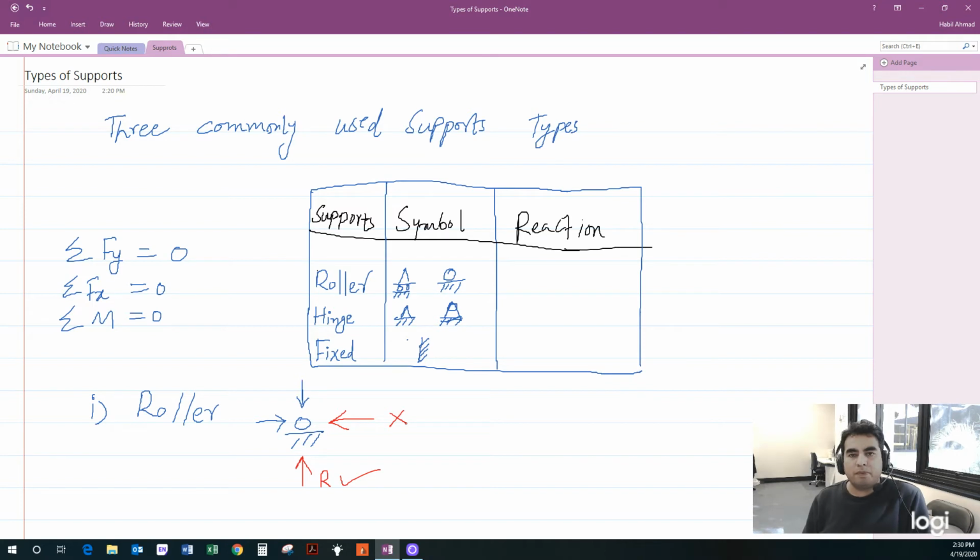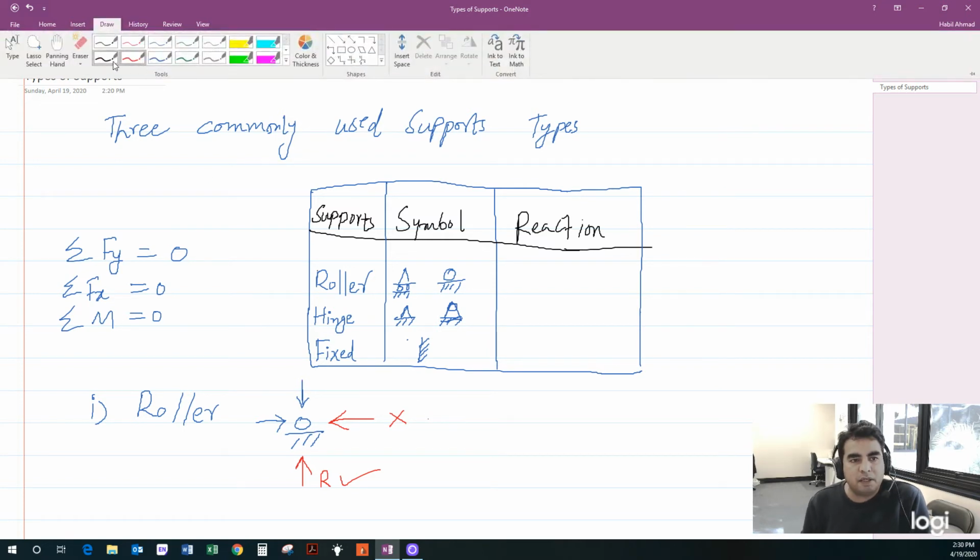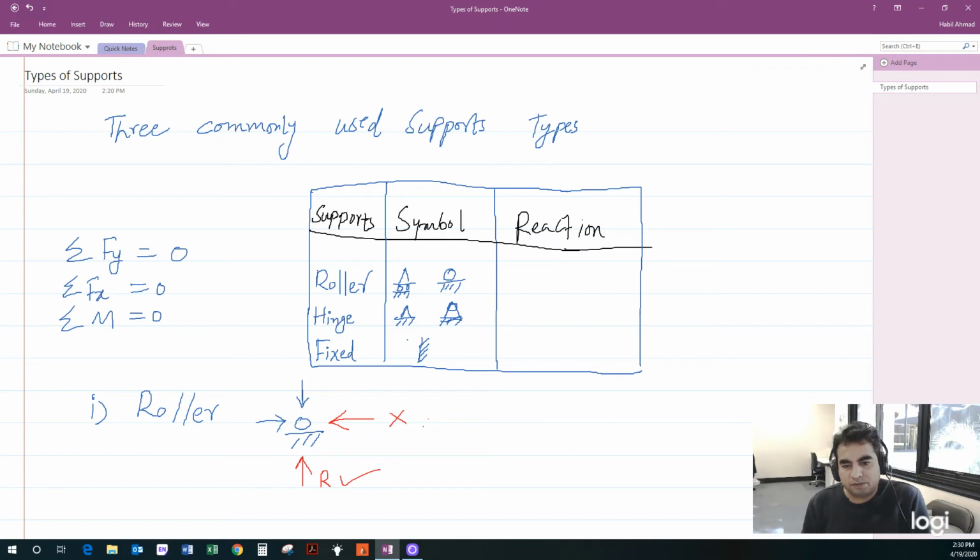So what will happen is that this roller support will move in the direction of the applied load. When the load is applied in this direction, it will be able to move in this direction.